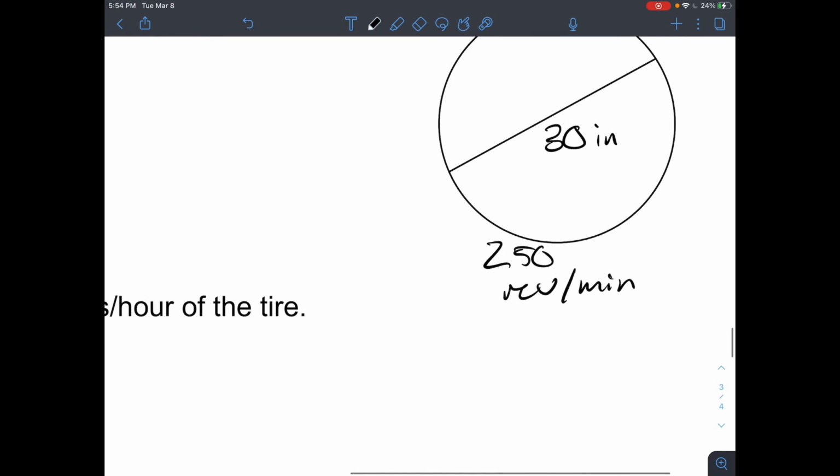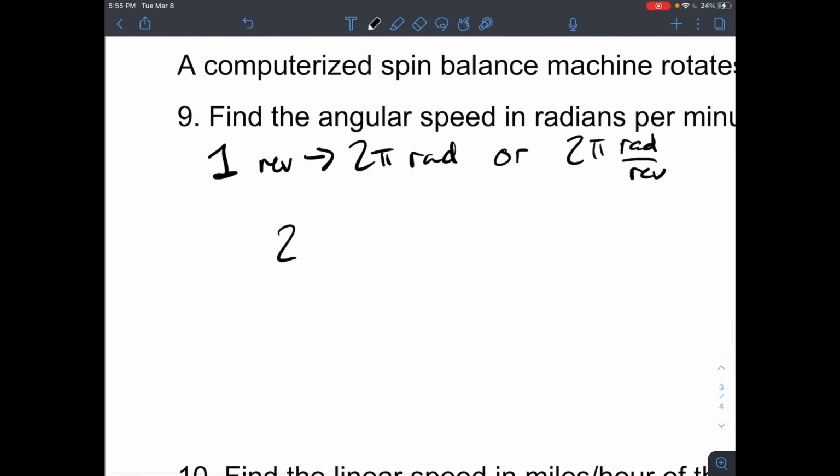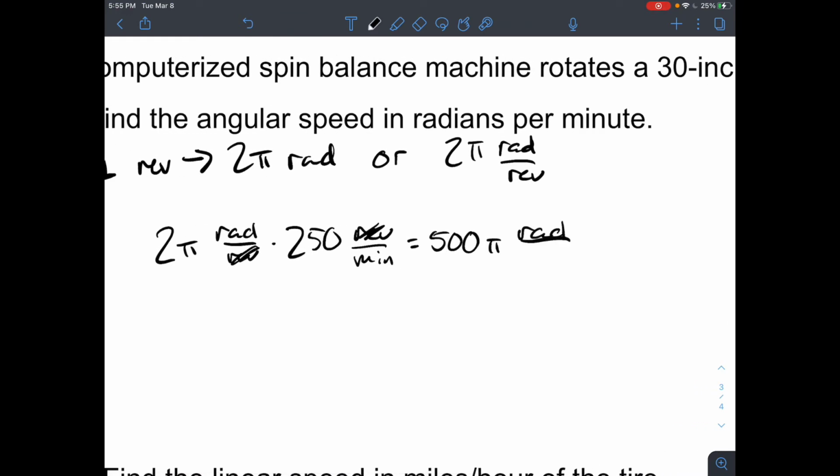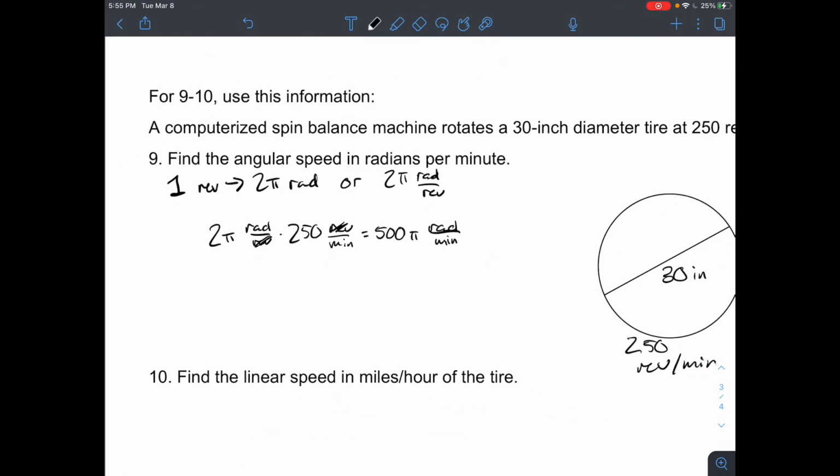But we have 250 revolutions, so we're going to go 2 pi radians per revolution times 250 revolutions per minute. We're going to get 500 pi. Our revolutions are canceling out, so we get 500 pi radians per minute. And that's that, so we're done there. You could leave this in terms of pi, I don't mind.